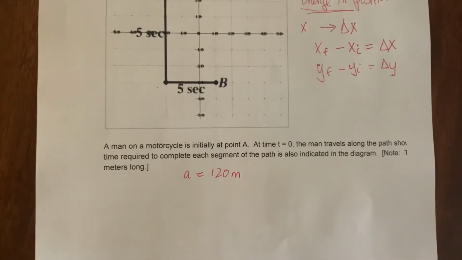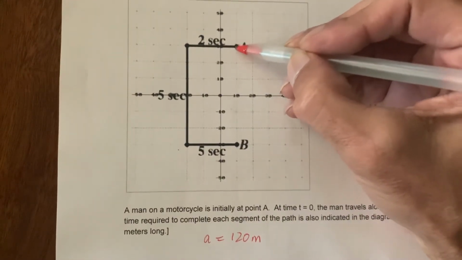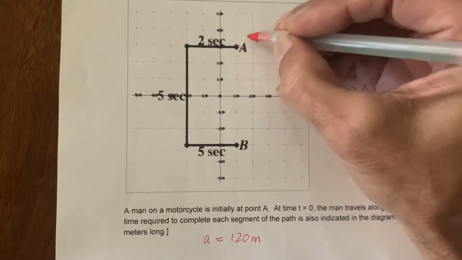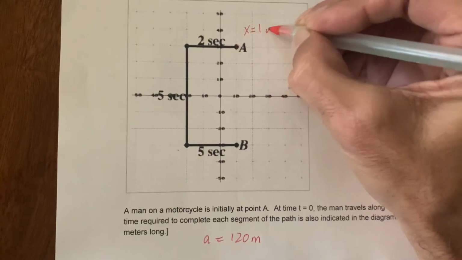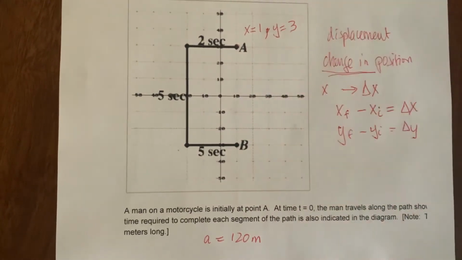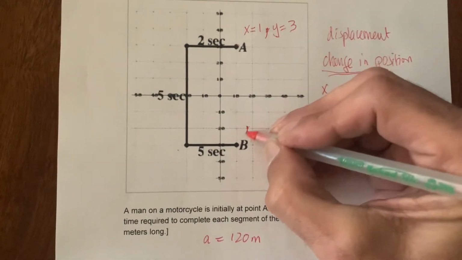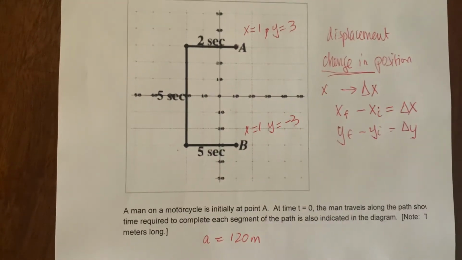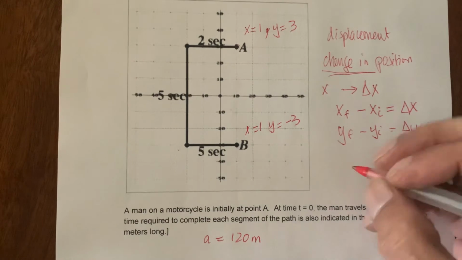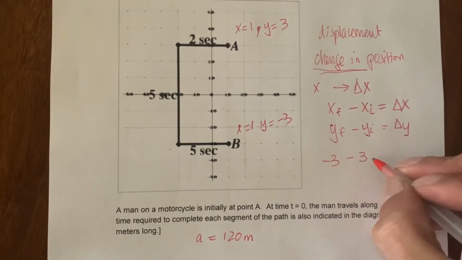Okay, next question states, what is the man's displacement once he reaches point B? So what is his position here? He is at, I'd say, x equals 1 and y equals 3. That's his initial position. His final position is x equals 1 and y equals negative 3. So final minus initial would be negative 3 minus 3.